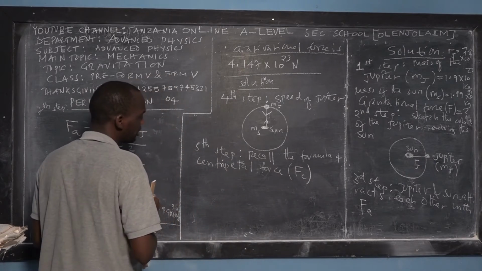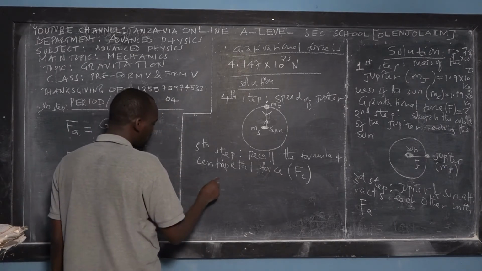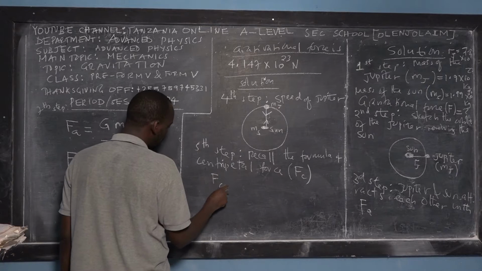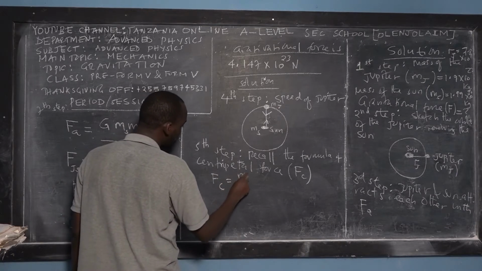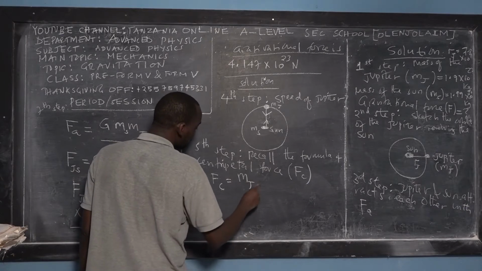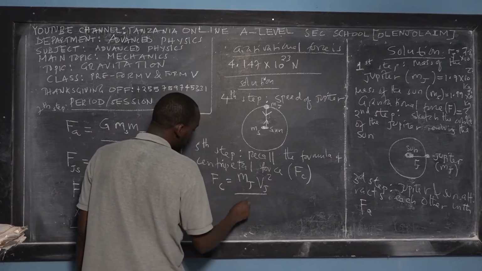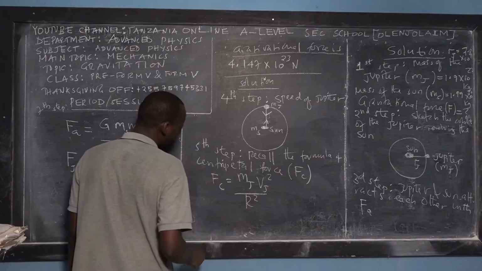Okay? So that's about it. So we say that from circular motion, the centripetal force is the mass of the Jupiter times the velocity of the Jupiter squared over r.